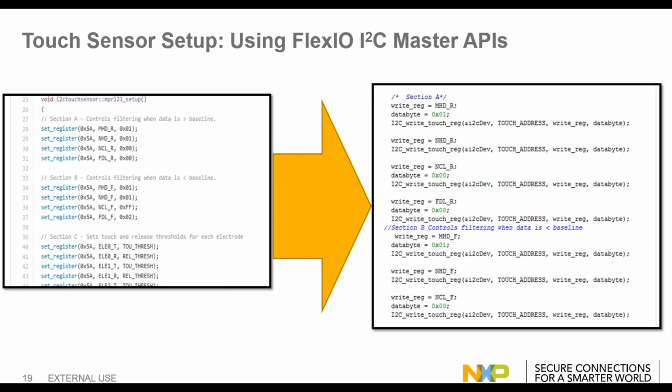And so what you have to do to create your SDK project is reference the file shown on the left, which is showing what data is being sent to which registers, and translate that into the FlexIO I2C master APIs. This is shown in the code on the right.